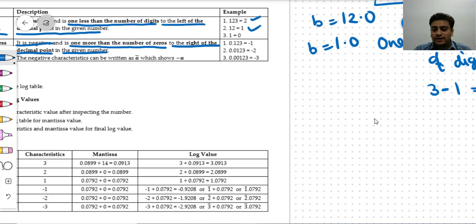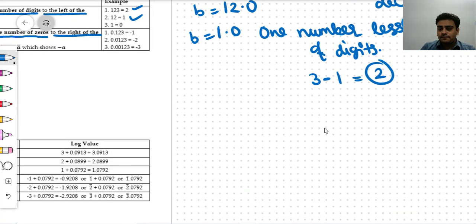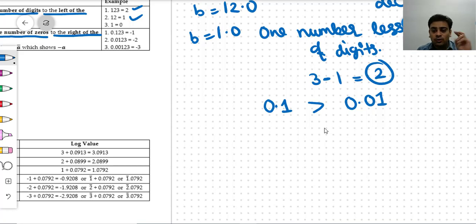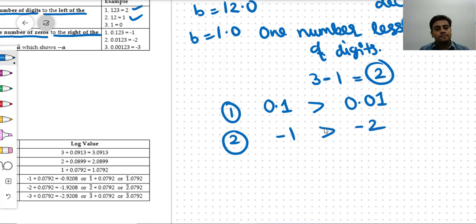Let me take an example, and that will help you to understand this point. As you know, 0.1 is always greater than 0.01. That is my first thing. And my second thing is that -1 is always greater than -2, right? So these two things are clear to you.